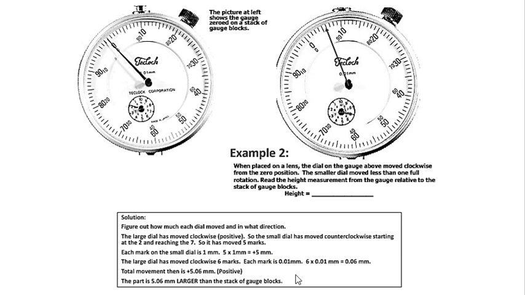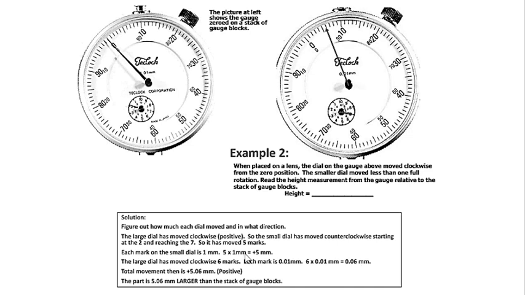All right, and you also have 6 marks on the larger dial, yeah? So therefore you add that. Each of the larger dial markings is 0.01, so times 6 is going to give you 0.06, yes?